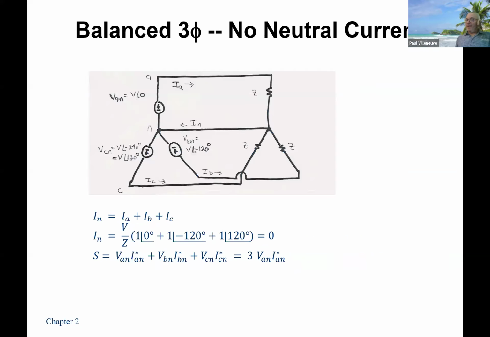So here is a balanced 3-phase system. And if it's a balanced 3-phase system, all these currents are going to go to the load, but the currents all have the same magnitude, but are offset by 120 degrees. We love to do vectors, right? So one current looks like this.